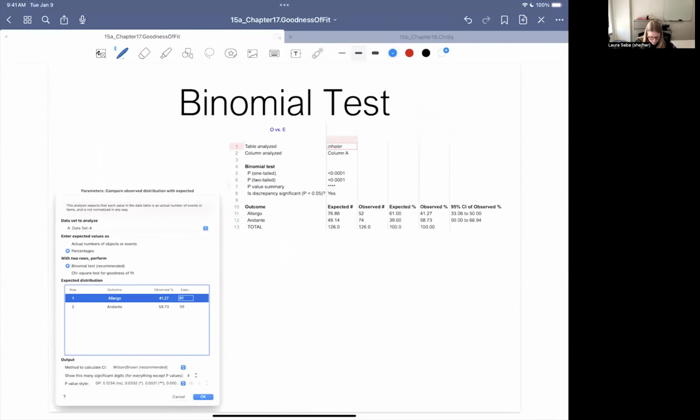Here is where we make that change. We take the recommended binomial test. We still get a highly significant result and still see very big differences, but now we also get a 95% confidence interval for our percentages. So in this case, it really doesn't matter which test we use, we come to the same conclusion.